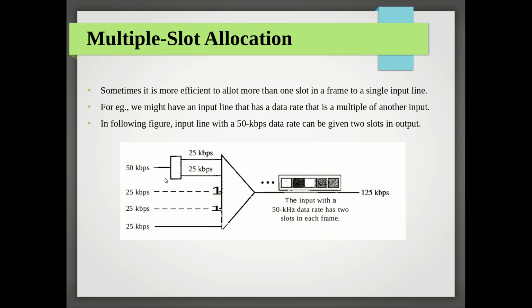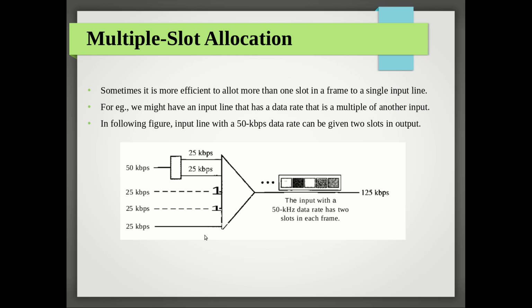So such a problem is there. Even though one input line is a multiple of the other, and that is maintained here, since 25 into 2 is our 50, multi-level multiplexing may not be a good solution, because even after doing it, we still have an input line with capacity 25 kilobits per second that we are not going to combine with any other input line.